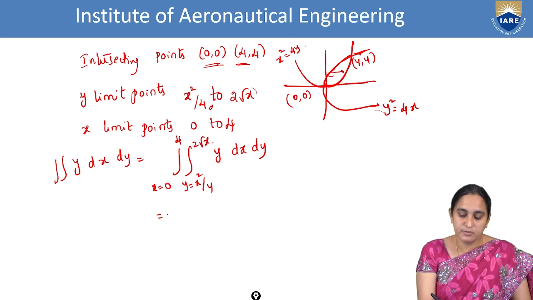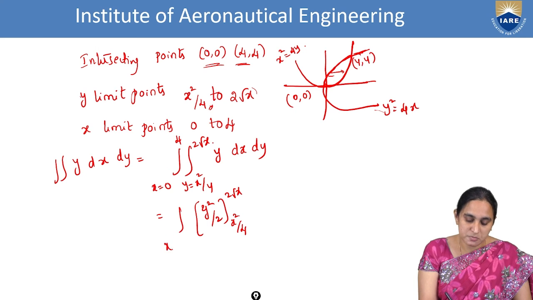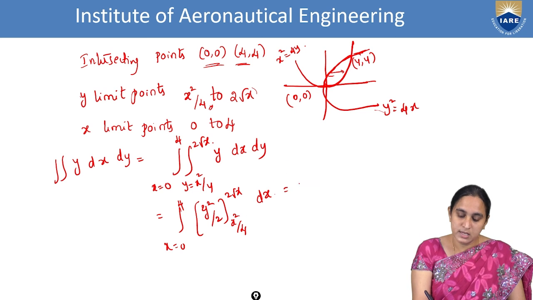Now I'll integrate first with respect to y, that is y integration as y square by 2, with limit points x square by 4 to 2 root x, and x limit 0 to 4, dx.